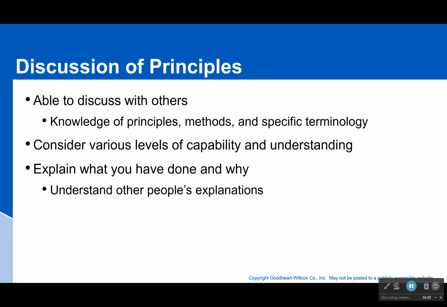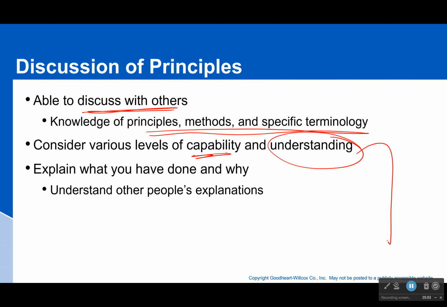Okay. So from all this, another thing you have to remember is you're going to have to learn how to discuss things with others. You're going to have to understand what they know and be able to explain what you know so they can learn from you. You also have to realize that the people you're working with don't necessarily have the same capability you do. If you've got an apprentice, their level of understanding is low.